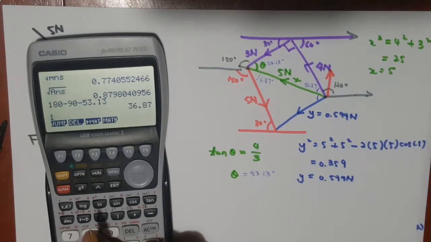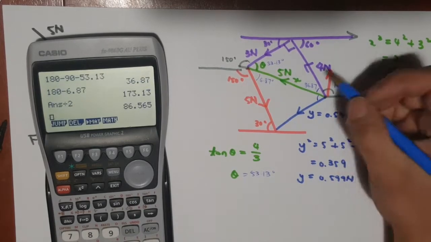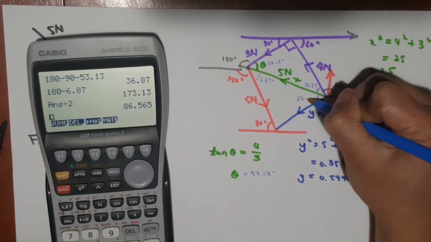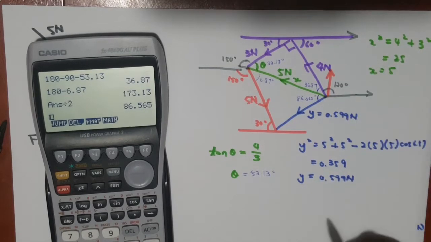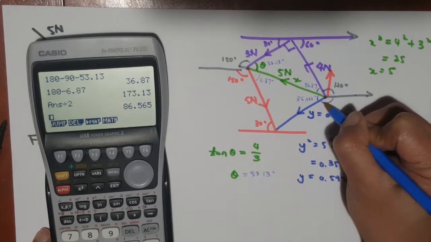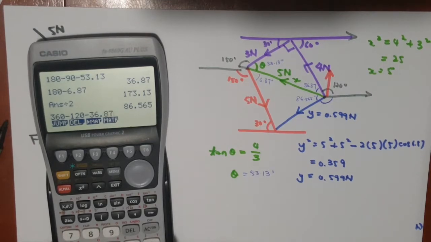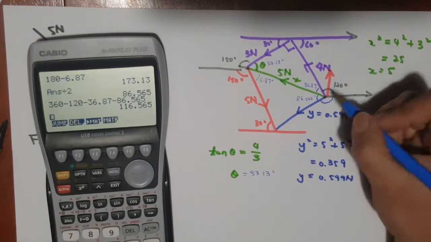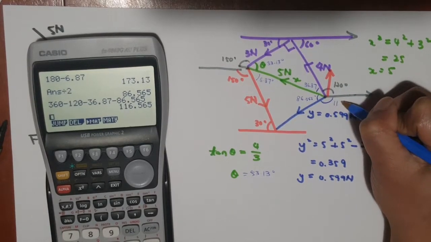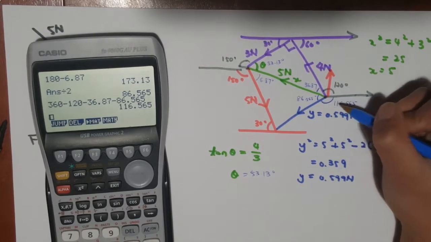So we can use 180, take 6.87, divided by 2, which will be 86.565, which is this angle here. And this angle here is 360, take 120, take 36.87, take 86.565, and we will get 116.565 as this angle here.